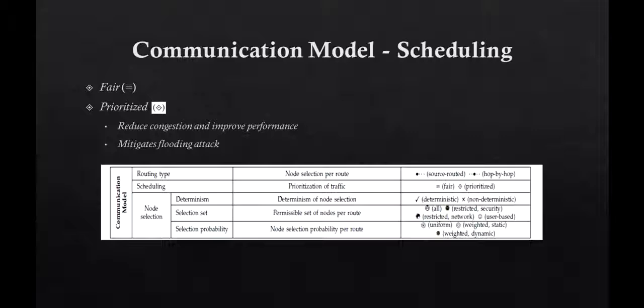This reduces congestion and improves performance. It mitigates flooding attack, like say DOS, designed to bring a network or a service down by flooding it with large number of traffic. The symbols for the scheduling is given below.